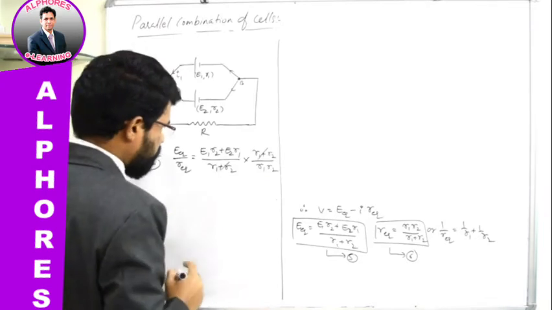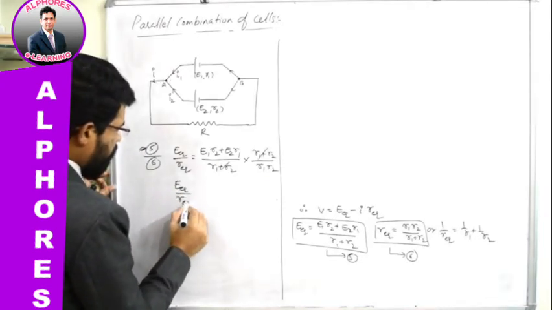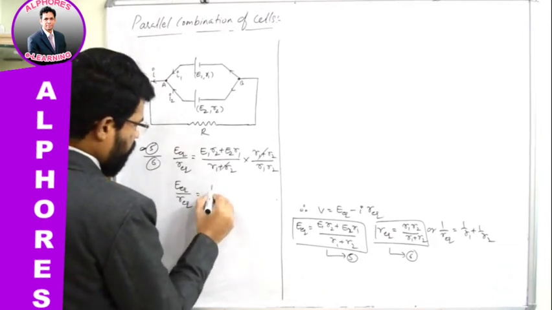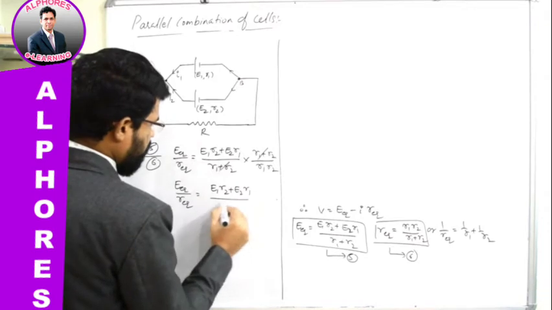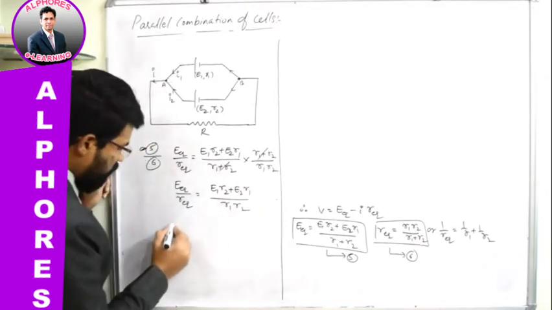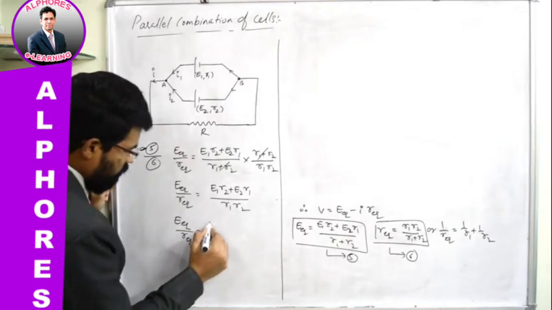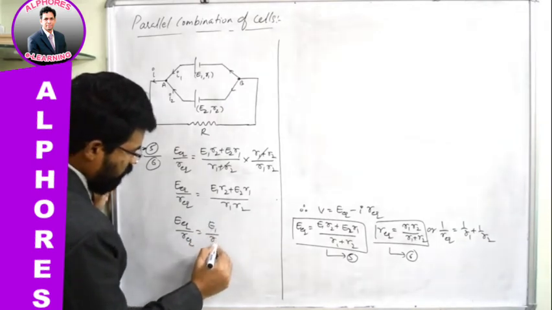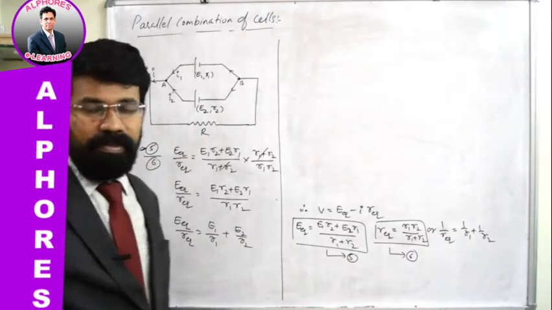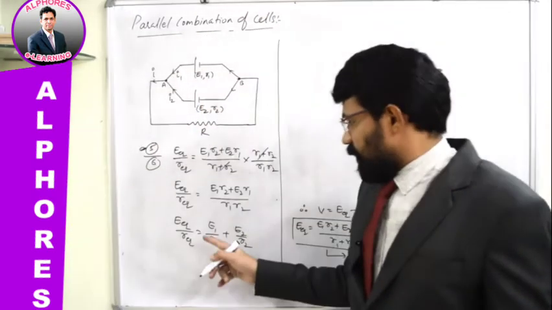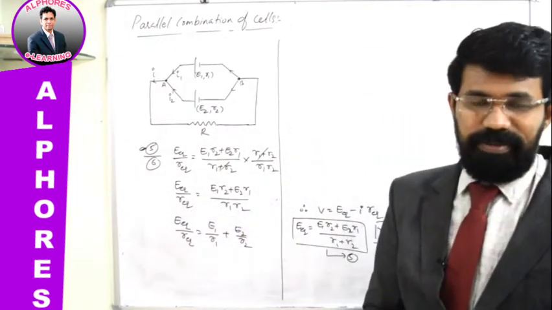R1 plus R2 gets cancelled, and finally, what you are left with is E equivalent by R equivalent equals E1 R2 plus E2 R1 by R1 R2. Further, this can be simplified like this: E equivalent by R equivalent is equal to E1 by R1 plus E2 by R2. Isn't it? So this is how you can express the ratio between E equivalent and R equivalent.